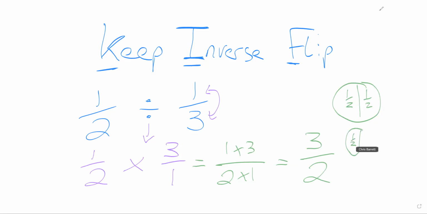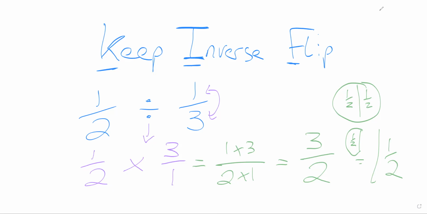So I've got one whole circle and I've got a half remaining. It can be quite common for you to get improper fractions when doing division. It doesn't always happen, but it does happen a fair bit when you've got a fraction divided by a fraction. So for division, we do our mate Kif: keep the first thing, inverse the operation, and flip your second thing around.